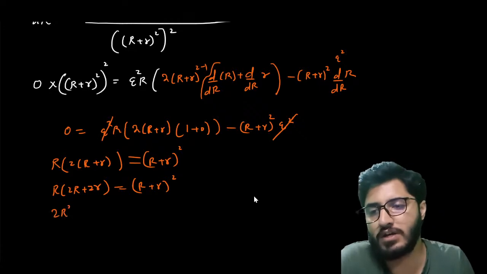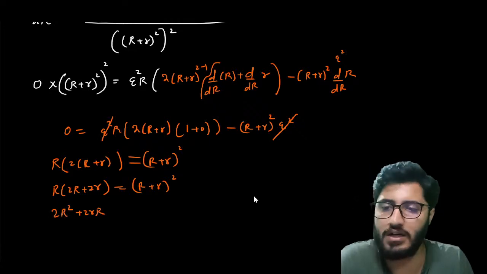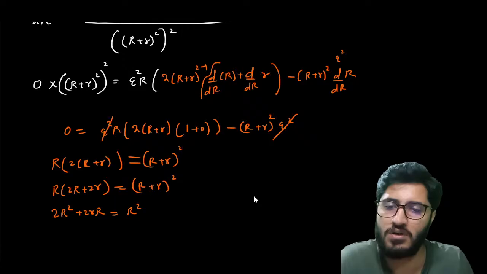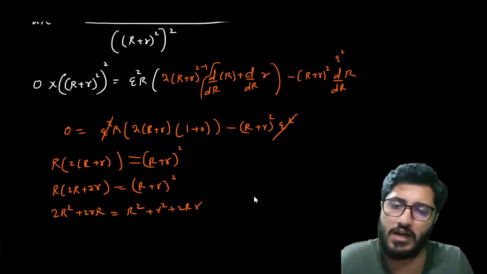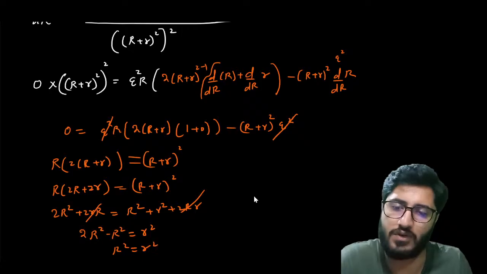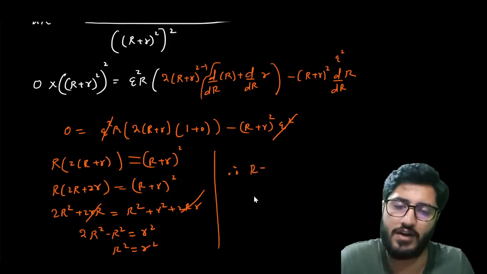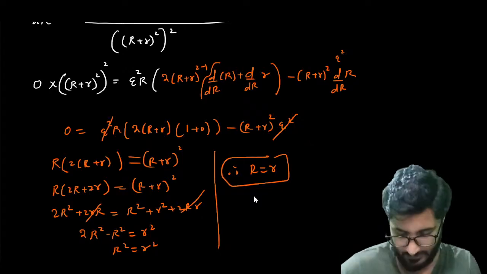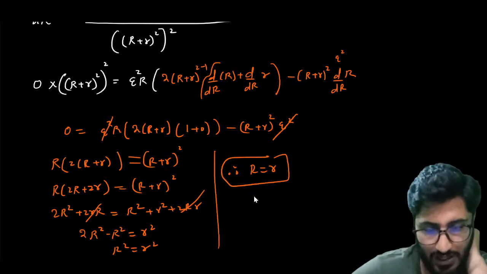It is 2R square plus 2Rr equals R square plus r square plus 2Rr. Cancel out. So we have 2R square minus R square equals r square. R square came out to be r square. So therefore R equals r.